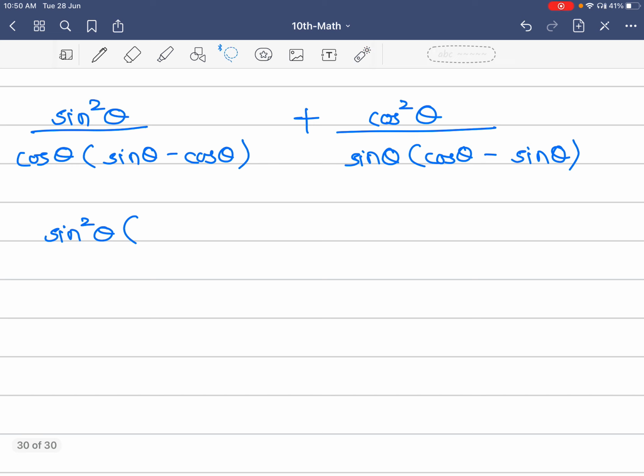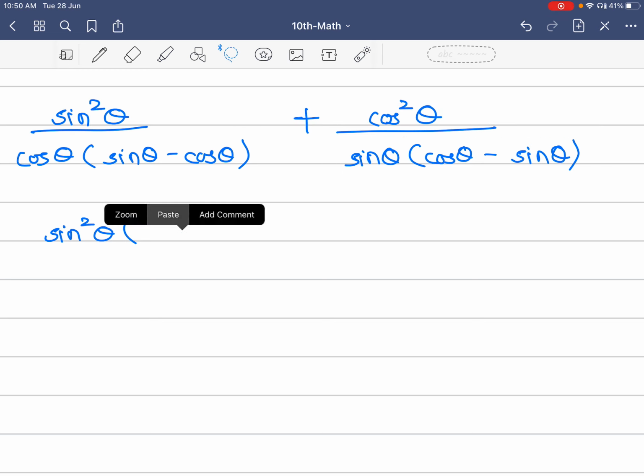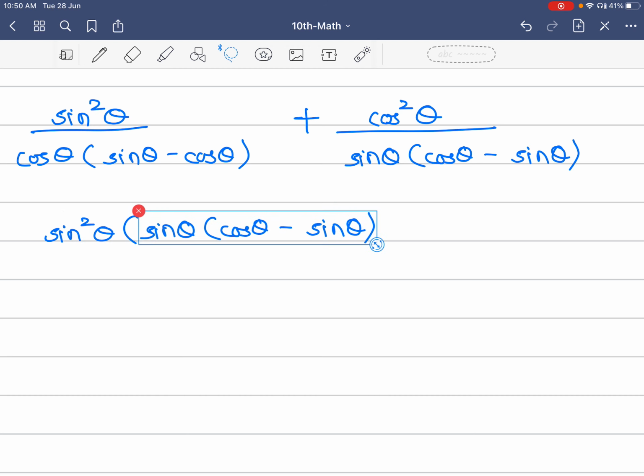So what I'm going to do now is I'm going to just create a copy of this. Copy and paste. So yes, this is what it is. In fact, I think it's better if I just write it down.